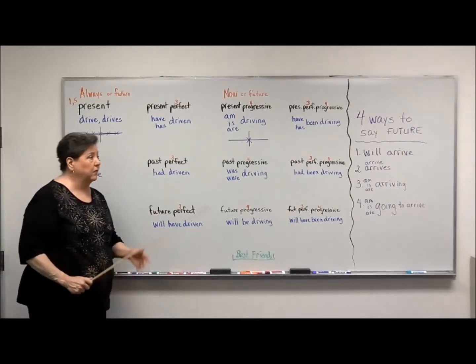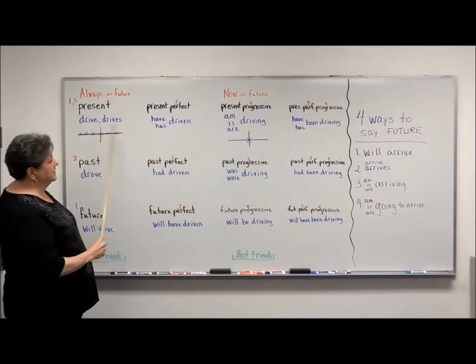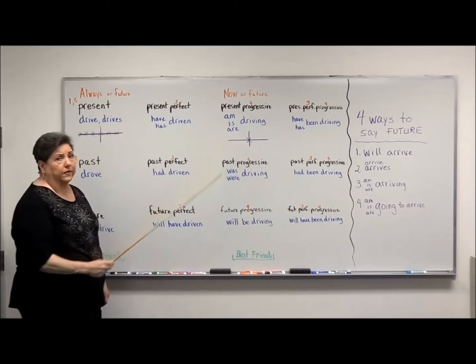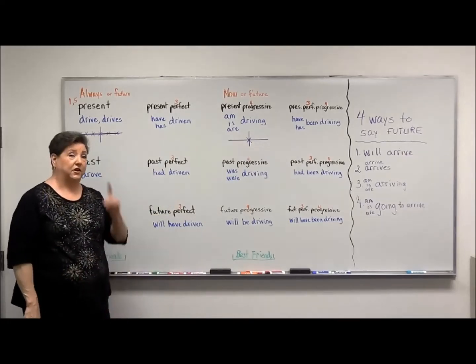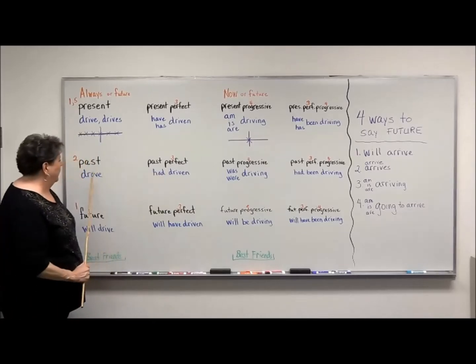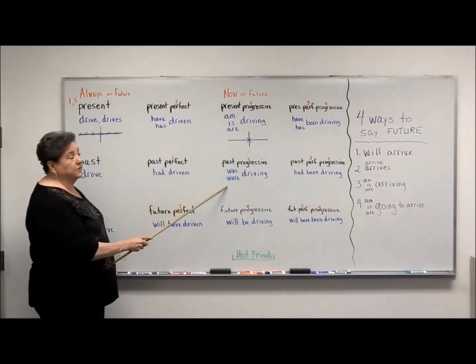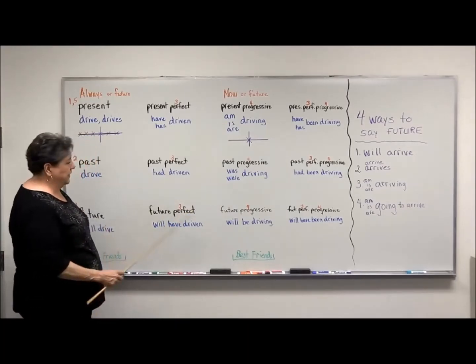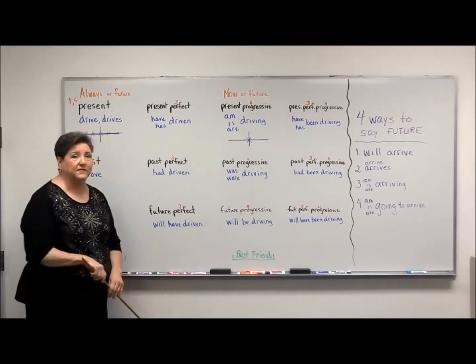So that's what we mean when we're saying the present is best friends with the present progressive. They're not exactly the same, but they share one thing. They can both mean future. The past is best friends with the past progressive. And the future is best friends with a future progressive.